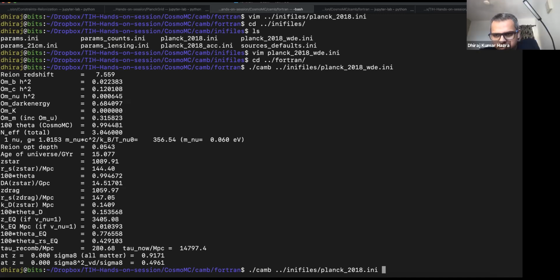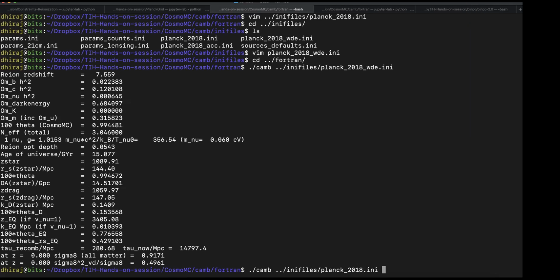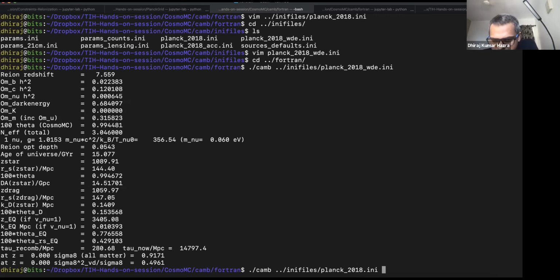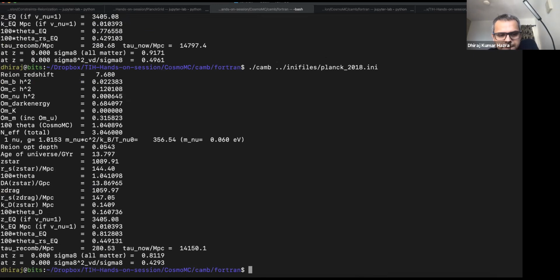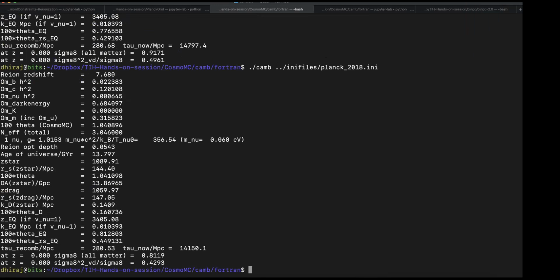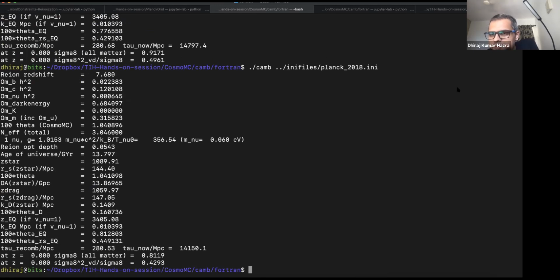No problem, don't worry. If you have missed something, you can do it right now. Okay, initial file Planck 2018.ini. If you have changed the baseline, run it again. When you run it again, do you get this? Just a moment. Is anybody else having any problem now? Please speak up.